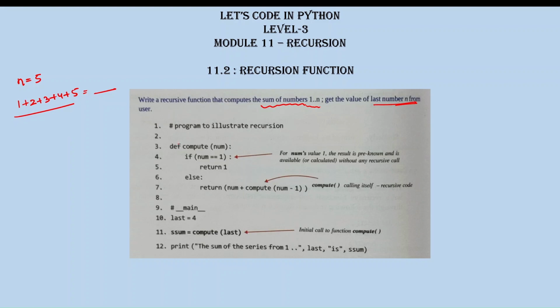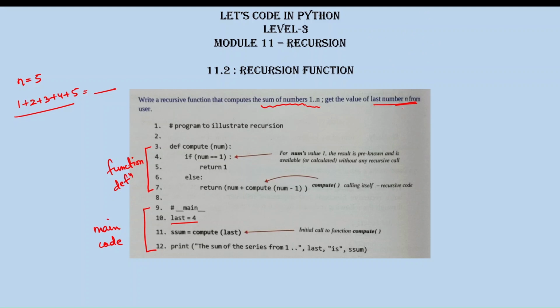Okay, now let's go through this program. First of all, we're going to concentrate on the main part. This is our main part and this is our function which has been defined. This is the function definition and this is our main program code. In the main program code, last is equal to 4. As the question says, this is the last number, and you have to get the value from the user.